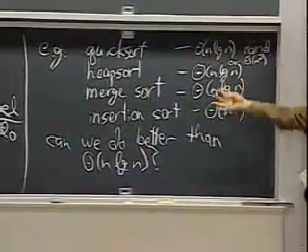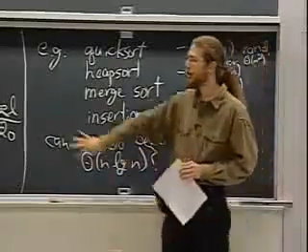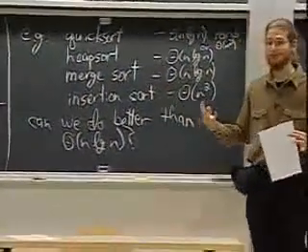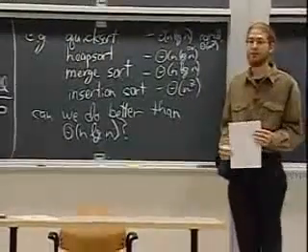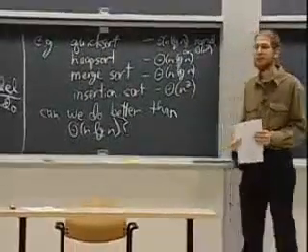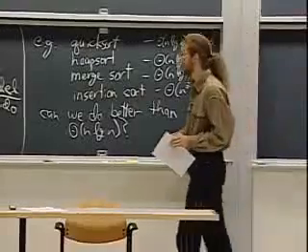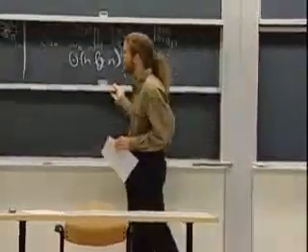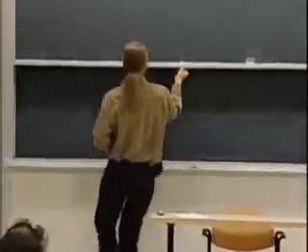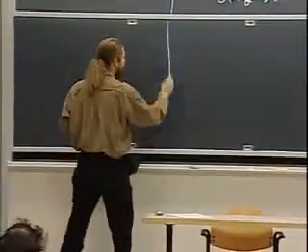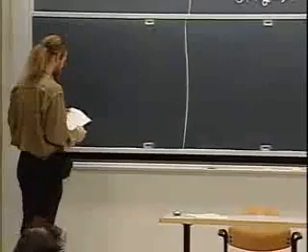But all of these algorithms have something in common in terms of the model, what you're allowed to do with the elements. Any guesses on what that model might be? Yeah? You compare pairs. You compare pairs of elements. Exactly. That is indeed the model used by all 4 of these algorithms. And in that model, n log n is the best you can do.